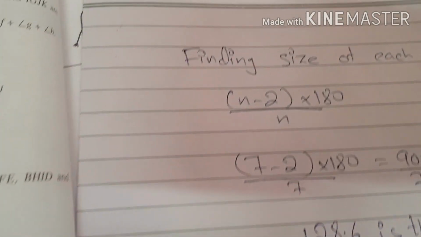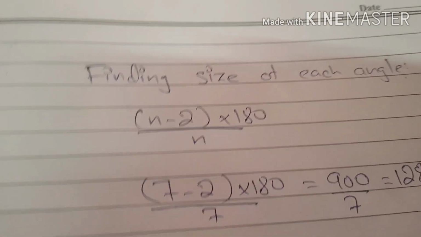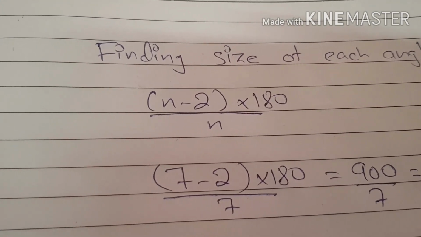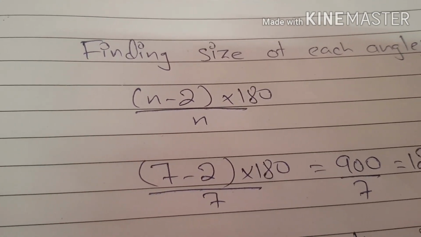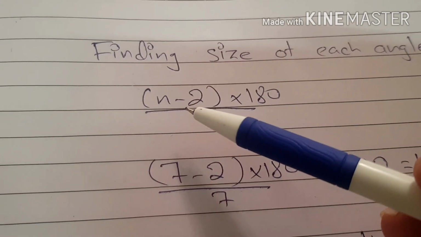To find out the value of each interior angle, I use the formula we discussed earlier, and we practiced this formula a lot. It is (n minus 2) into 180 upon n. N is the number of sides.